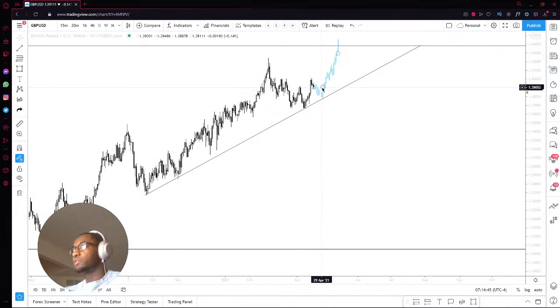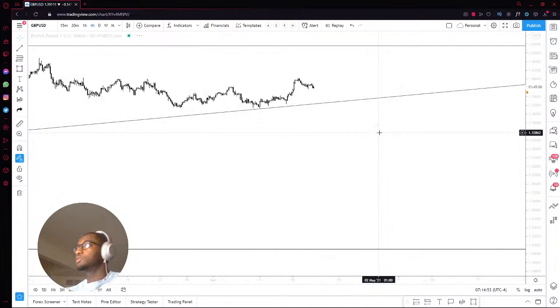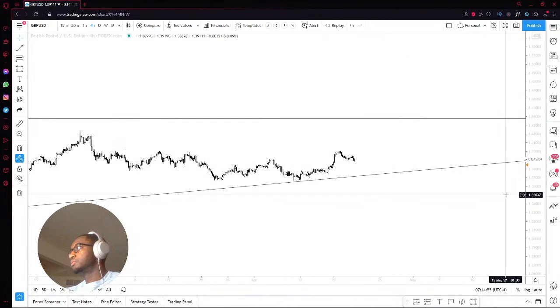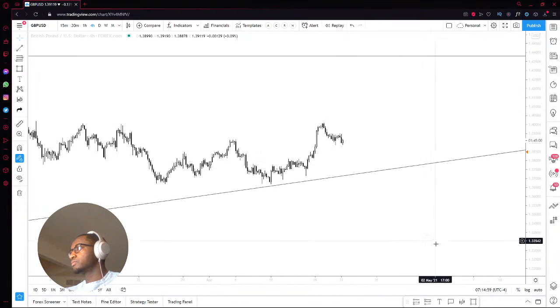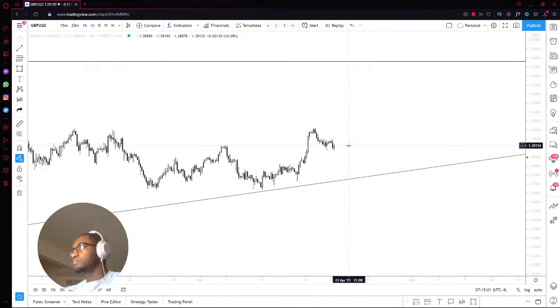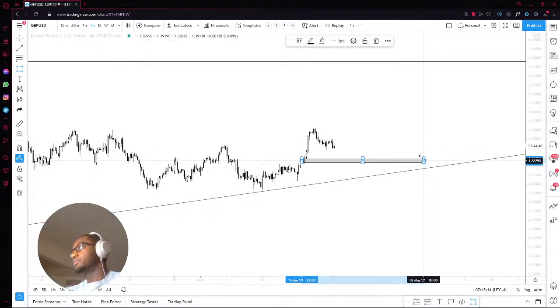That's what I'm looking for. Lower time frame, I'll just look for that opportunity. H4. So price is at this level. If price does break below it, I like to see it come lower and test this area here.